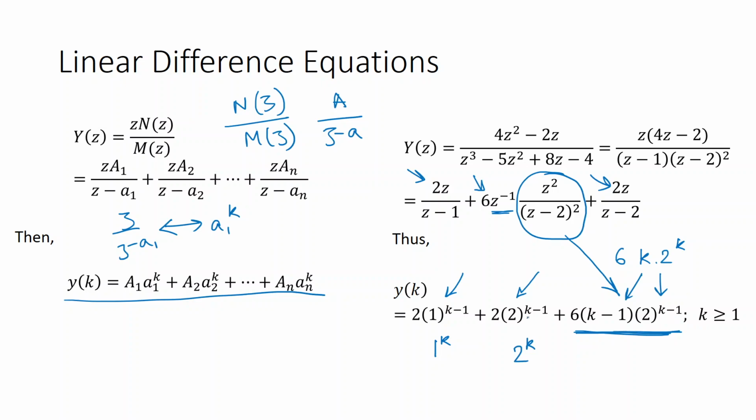So you start at k minus 1, and this series works for k greater than or equal to 1. So that's why these terms are also changed to k minus 1, because at k equals 0, this term would not be there, and hence the entire sequence will not be present. So that is the reason.